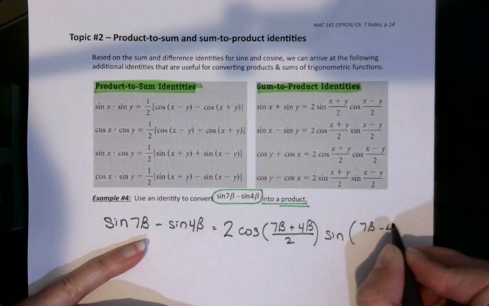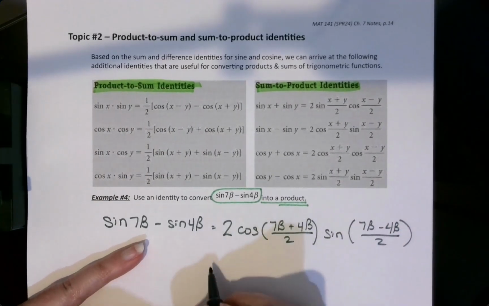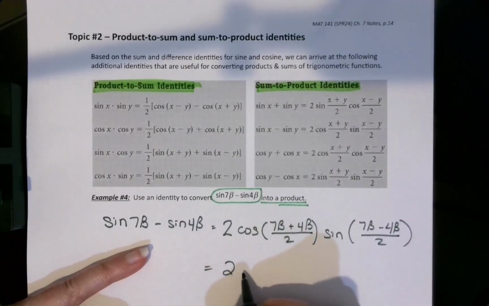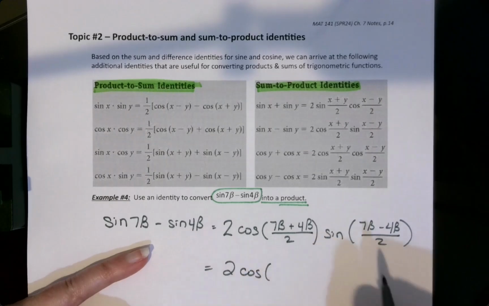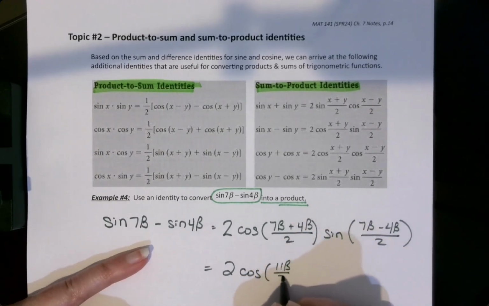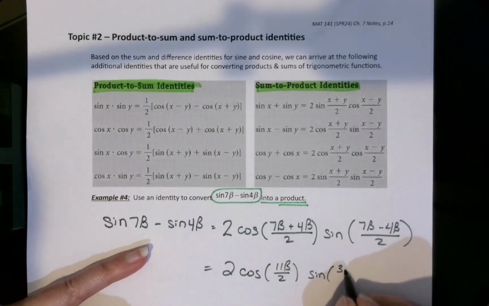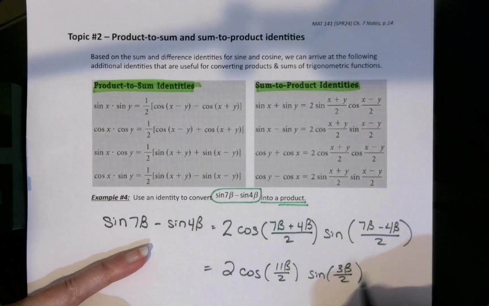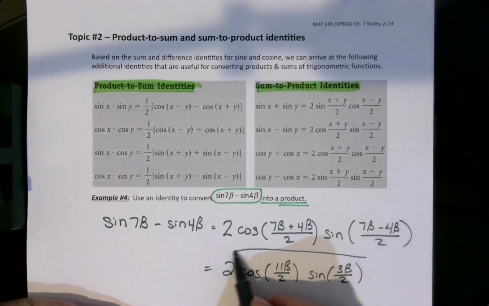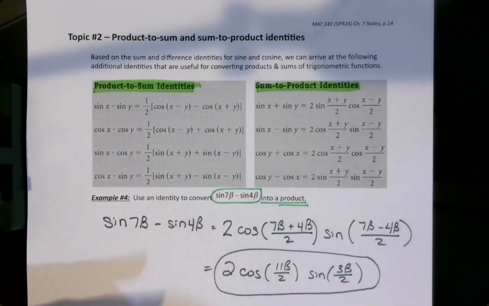So 7 beta minus 4 beta over 2. And we get 2 times cosine of 7 plus 4, that's 11 beta over 2, times the sine of 7 minus 4, that's 3 beta over 2. So this would be our simplified version in terms of a product now instead of the difference we started with.